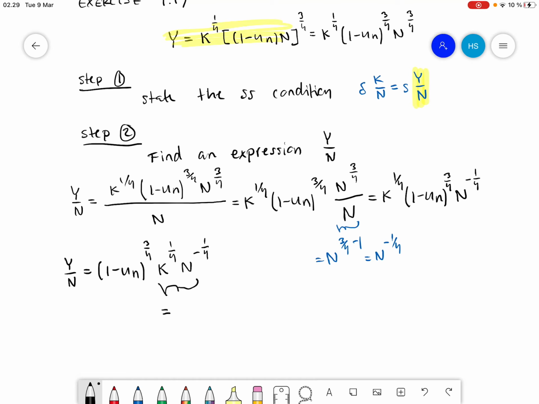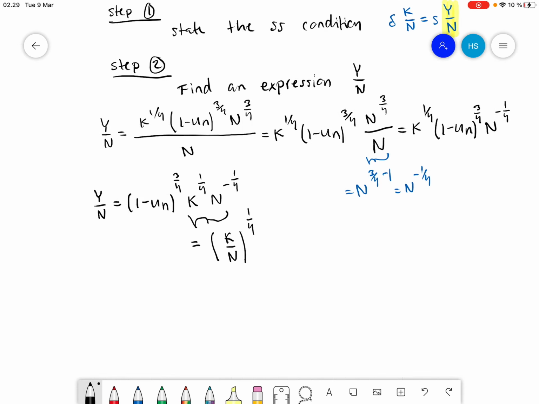And these two we can collect like we have done before in all of our previous exercises. This is the same as K over N to the power of 1/4. So in other words, output per worker is (1 minus the natural rate of unemployment) to the power of 3/4 times K over N to the power of 1/4.